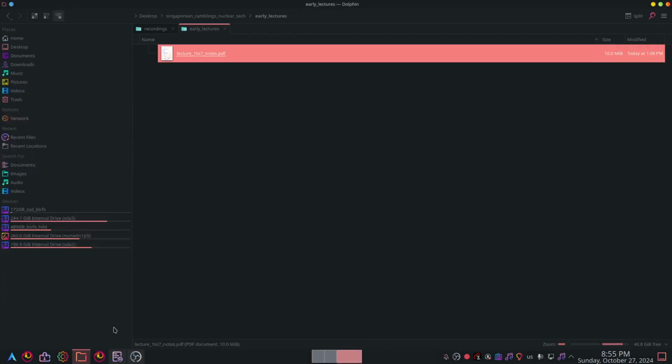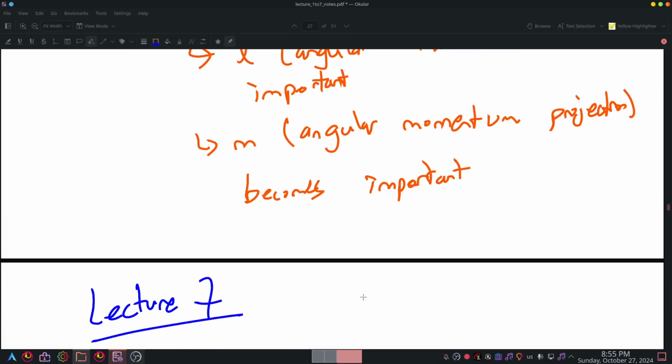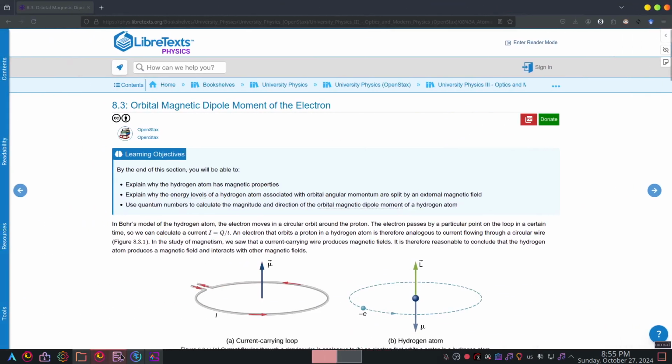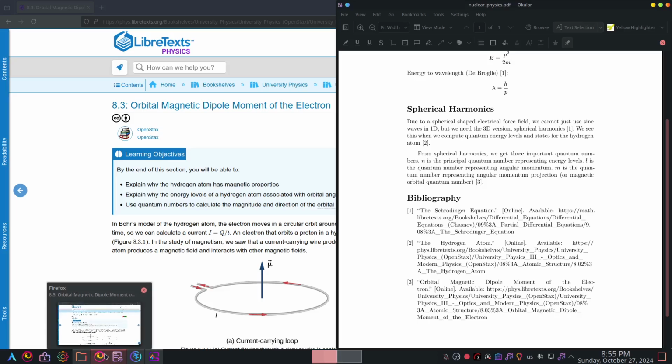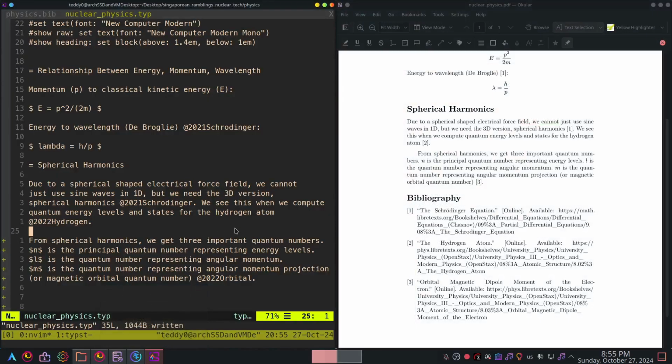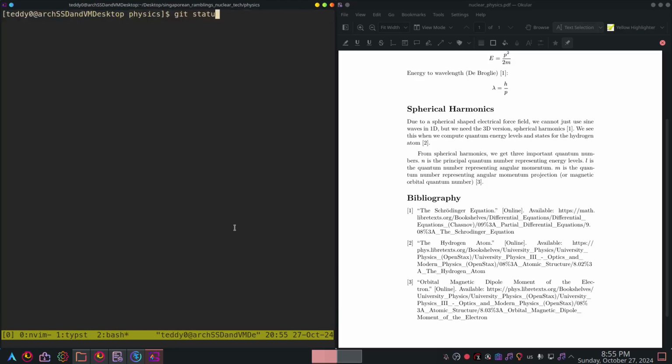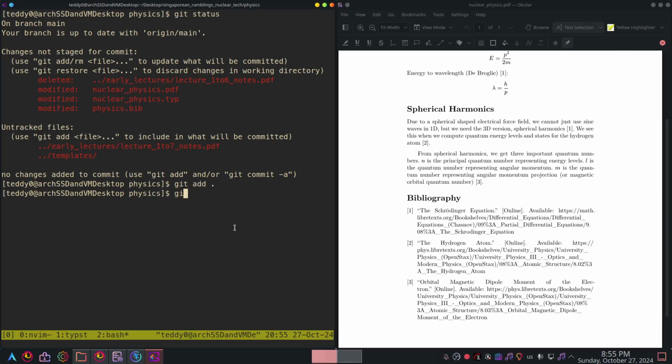I just uploaded, or rather, I'm going to upload these sets of notes for you, plus the references. This is the spherical harmonics part. I'll keep adding things on as we go. So let me do this. I'll just add all this on git: add, commit.